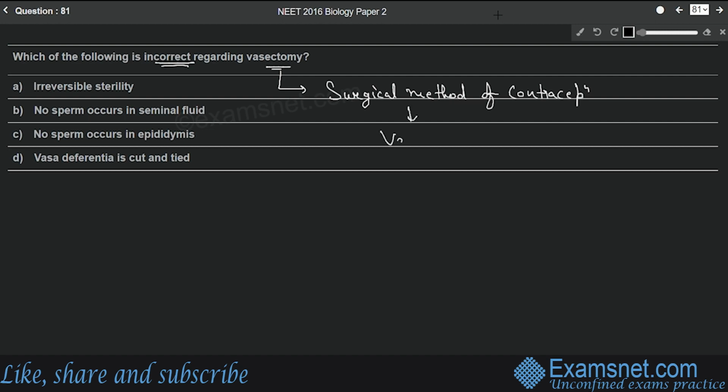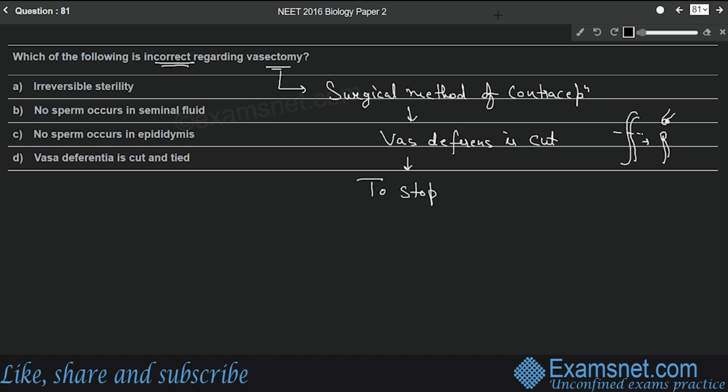The vas deferens is cut. Vas deferens or vas deferentia is cut and tied. Like this. So this is the vas deferens. Then after vasectomy it will be cut here and then tied on both sides, so that the sperms do not pass through the vas deferens. It is done to stop the passage of sperms.